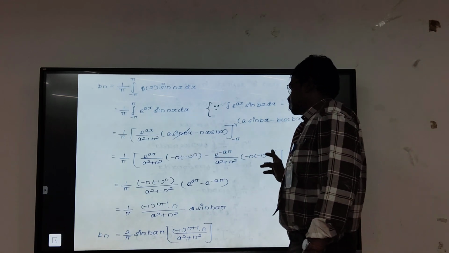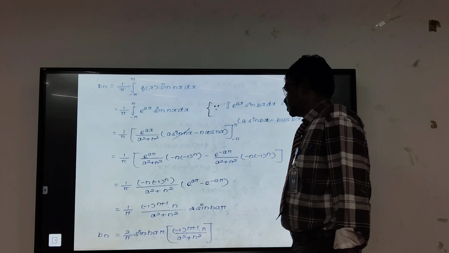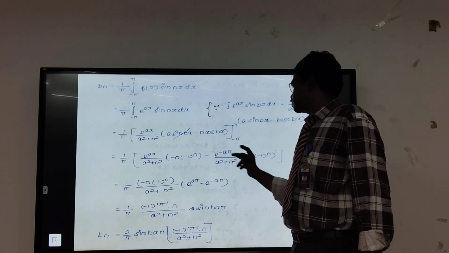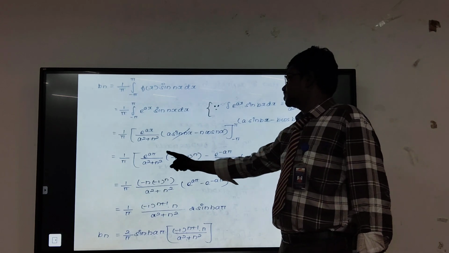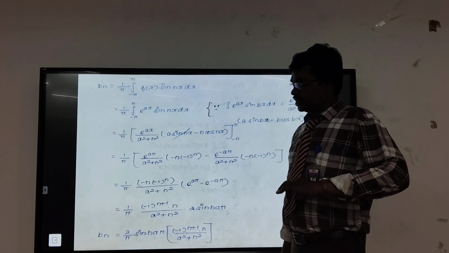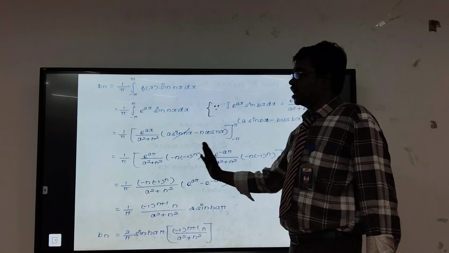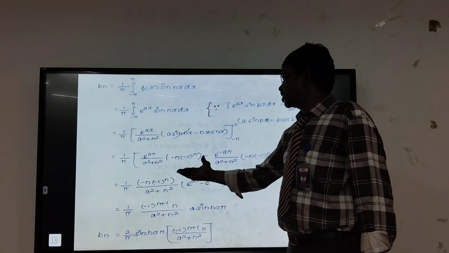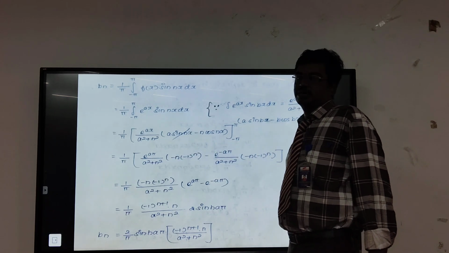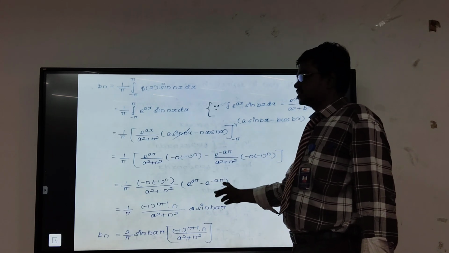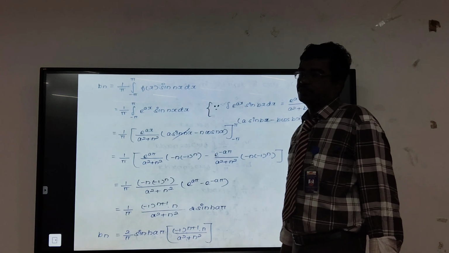In this step, what do you call the common term? Minus n minus 1 power n. Here also minus n minus 1 power n, a square plus n square, a square plus n square. These are all common terms. I will take them outside. So what are the remaining terms? E power a pi minus e power minus a pi. This is the same as the formula for sine hyperbolic x.